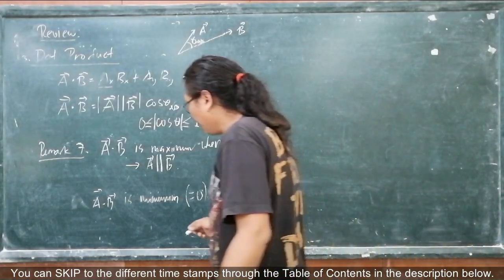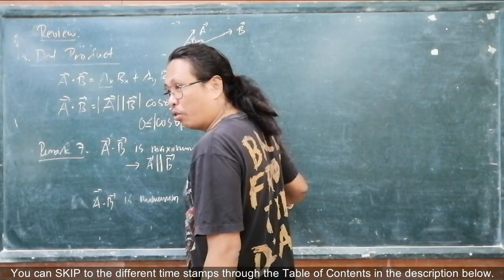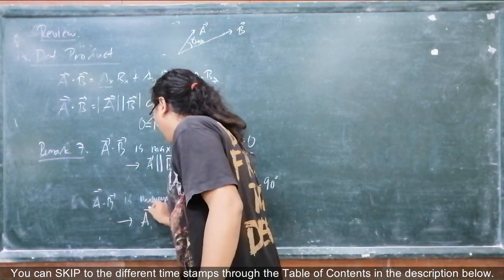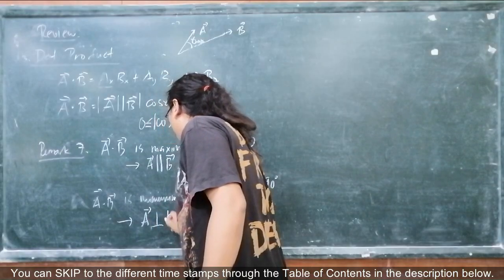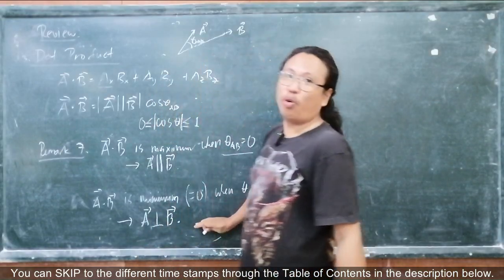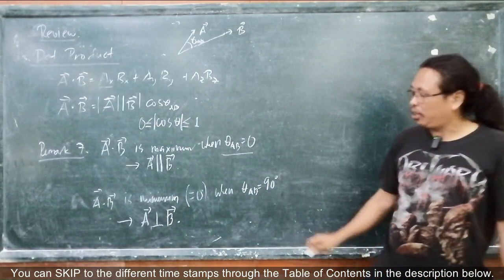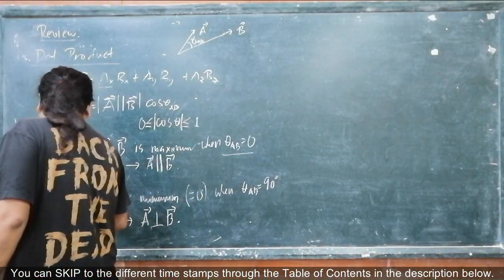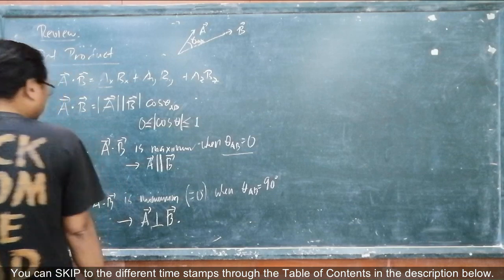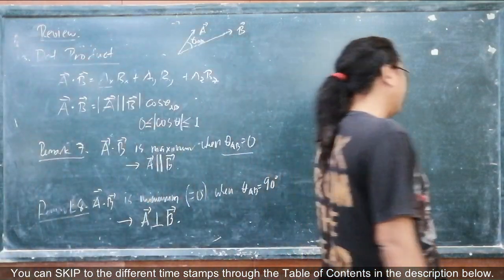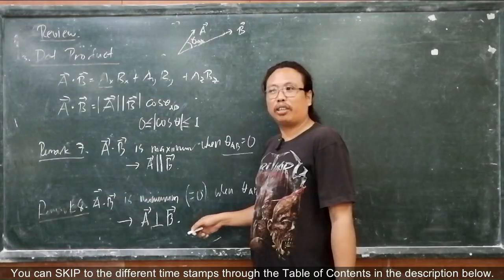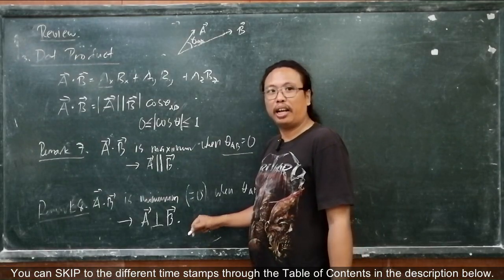So this implies that the minimum value, the 0, occurs when A is perpendicular to B. Let's call this remark 8. We can actually use remark 8 to show that two vectors are perpendicular to each other.